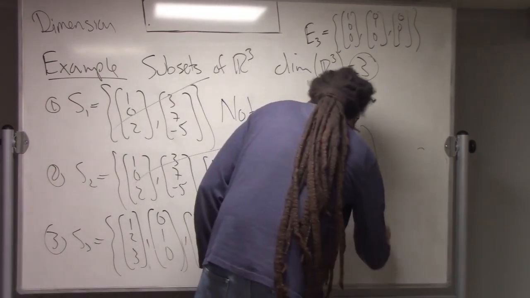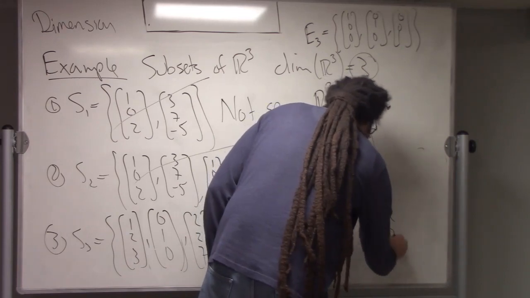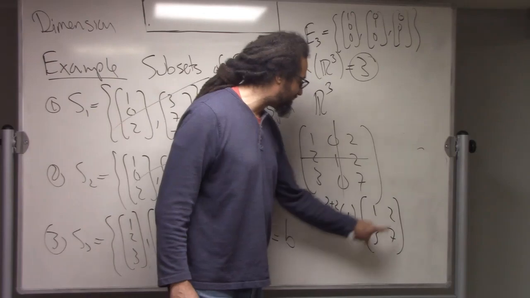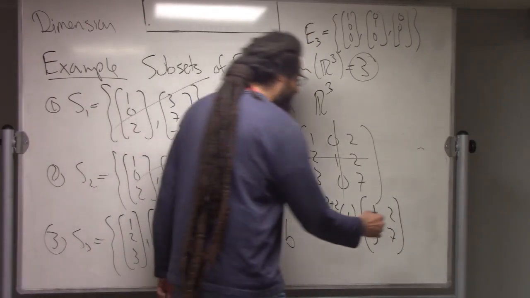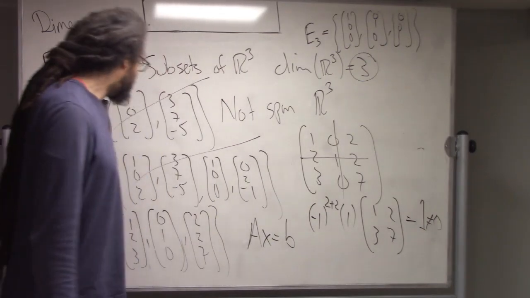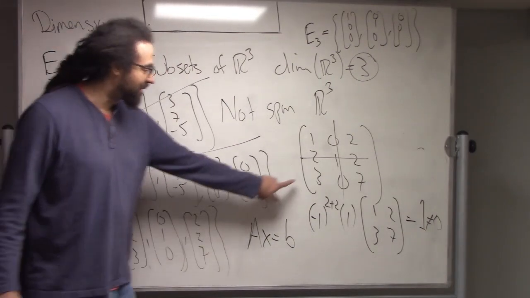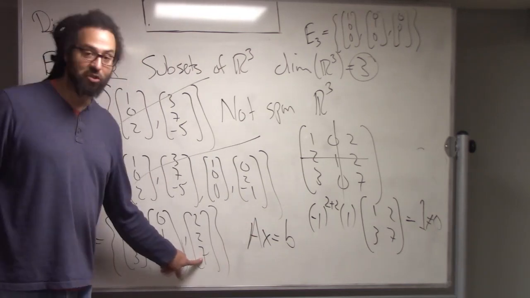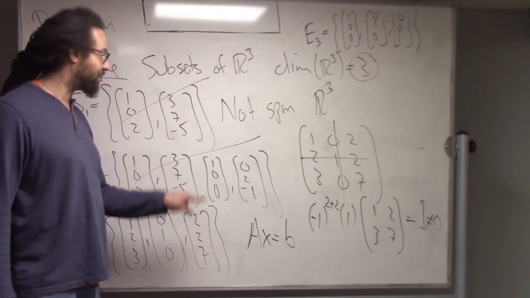So 1, 2, 3, 7. And so the determinant of this thing is 7 minus 6, which is 1. So the determinant here is equal to 1, which is not 0. So the determinant of this matrix is not 0. Therefore, these 3 vectors do determine a basis for R3.